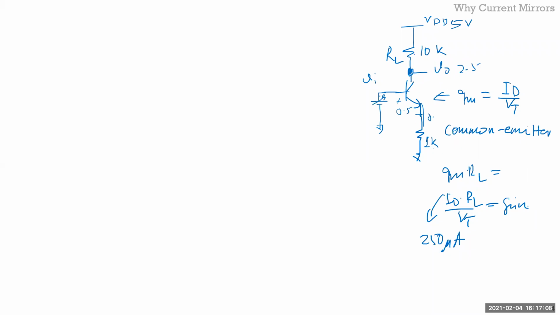And the 0.5 is the VBE, so you need to bias this base voltage at 0.75 volts.